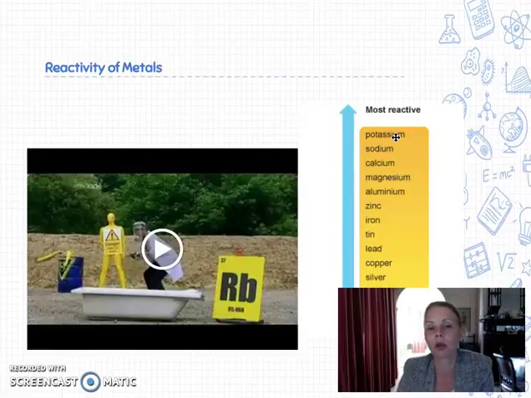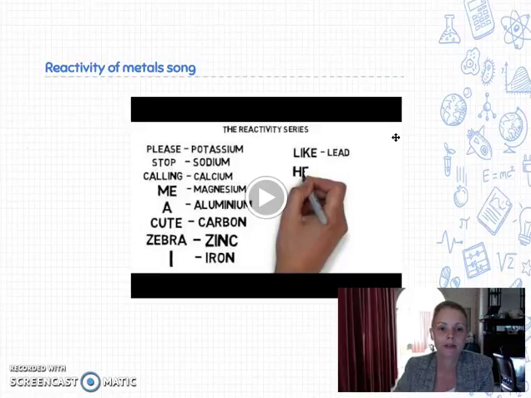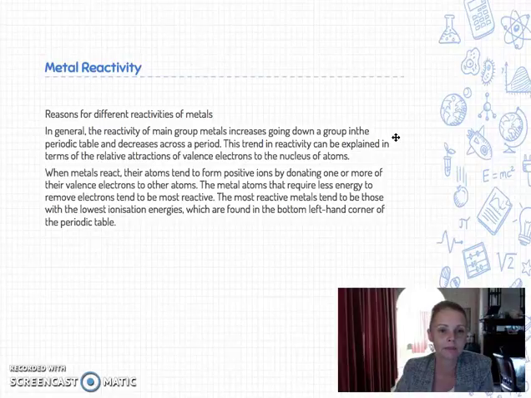So if you think of the Portland aluminium smelter, their job is to turn aluminium oxide into aluminium ingots. Okay, there is a song about the reactivity of metals, but I'm not worrying about that one today.